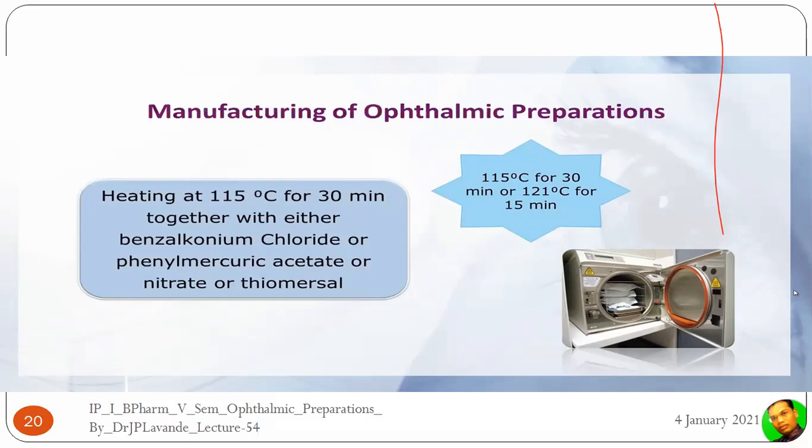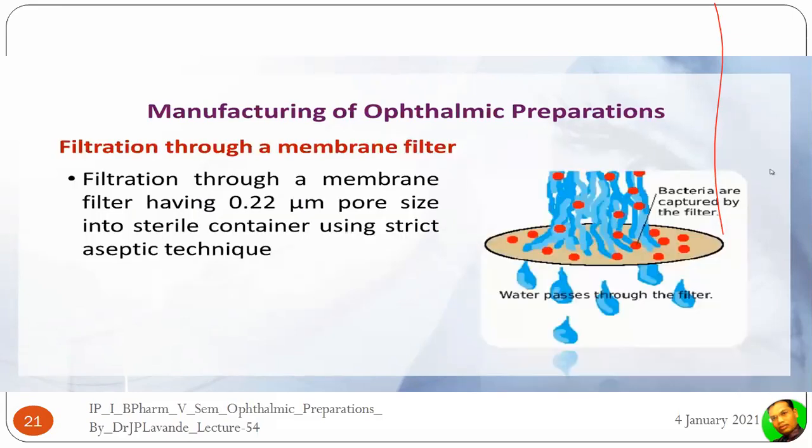Then, with heating at 115 degrees Celsius for 30 minutes, we need to add either benzalkonium chloride, phenylmercuric acetate or nitrate, or thiomersal. If we want to adopt filtration, that is filtration through a membrane filter, we use bacteria-proof filters, onto which the bacteria are captured and retained, while water is allowed to pass through.